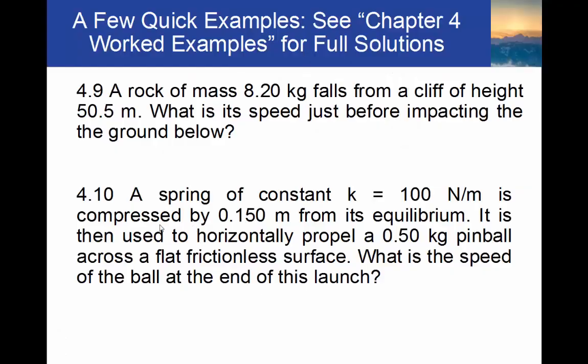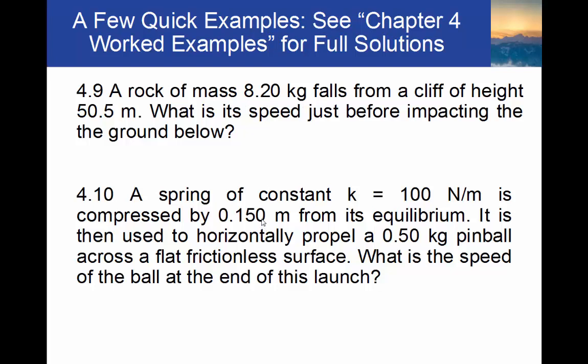Let's look at a different conservation of energy problem now. This one has a spring in it. So we have a spring that is launching a pinball. The reason why I put this example in is because that previous example we actually could have solved without ever using the mass. I'll leave that as an exercise to the viewer to show that that can be done, but you actually didn't need the mass in the previous example.